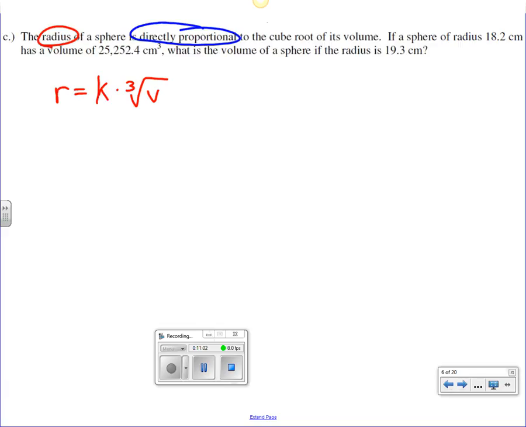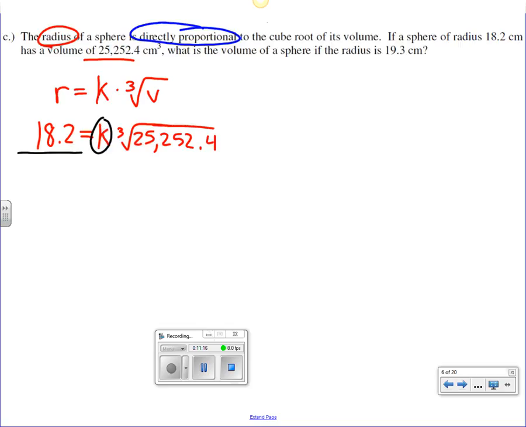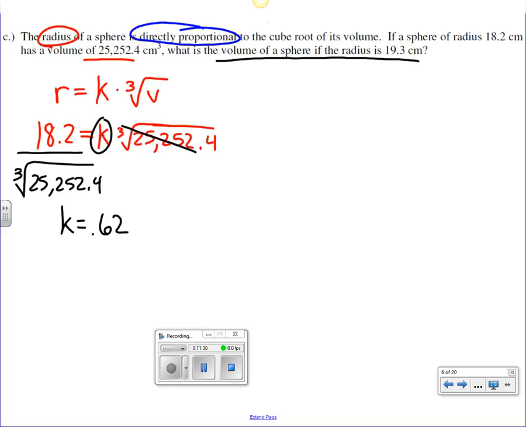So the sphere of the radius is 18.2, so it goes in for r, equals k, and the volume is 25,252.4. All right, to get k by itself, you just divide by the cube root of 25,252.4, and you get k to be 0.62. All right, the question says, what is the volume of the sphere if the radius is 19.3? So we're going to plug back into this formula.